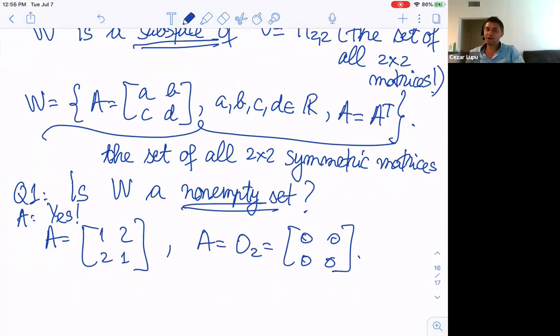If you don't prove that the subset is non-empty, I will deduct maybe 1 or 2 points, depending on the grading scheme. Pay attention to this, because many people consider it trivial. But we cannot talk about anything if you don't prove that the set is actually non-empty. There's no point in talking about closure under addition or closure under scalar multiplication if that set doesn't have any elements in it.